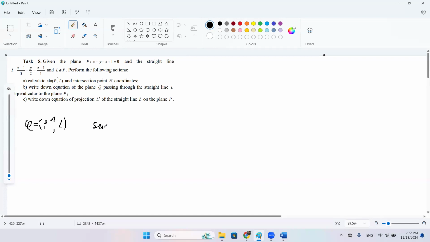So the sine of phi will be calculated by the next formula. We need to calculate the magnitude of the scalar product of the normal and direction vectors, and then divide by the product of their magnitudes.